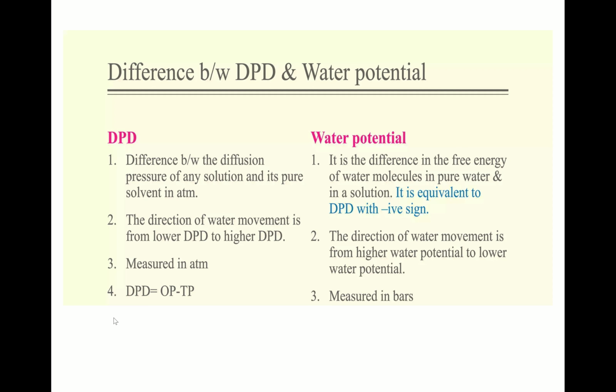Low DPD means obviously the water concentration will be more. You know the process of diffusion, the movement always occurs from higher concentration to the lower concentration. If you have understood this, you can solve many NEET questions.